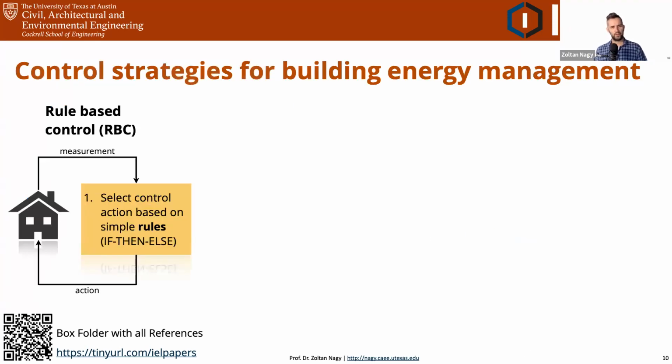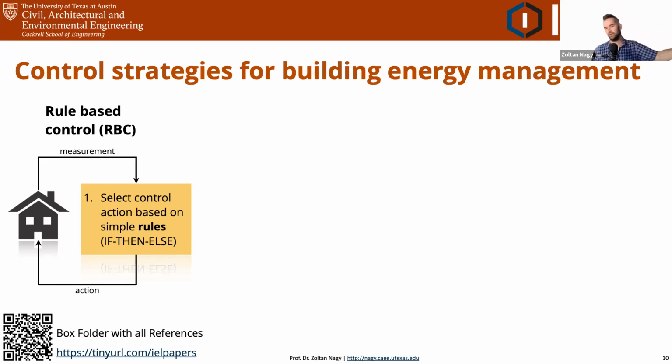So when you talk about control, there are basically three big categories. One is what we call rule-based control, which is simple rules. So if-then-else decisions: if something happens, then you do this. This is the sequence of operation in larger buildings.